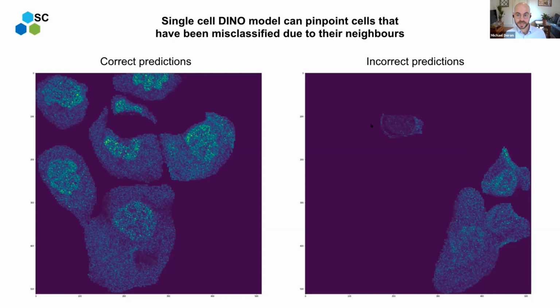And what we think is that it could be that some cells just didn't have the protein localized in the same place as the entire group, as the entire culture, and Dino was able to catch that because it learned those features in an unsupervised way, and we didn't force them to be features where this cell shows the same protein localization as this cell.